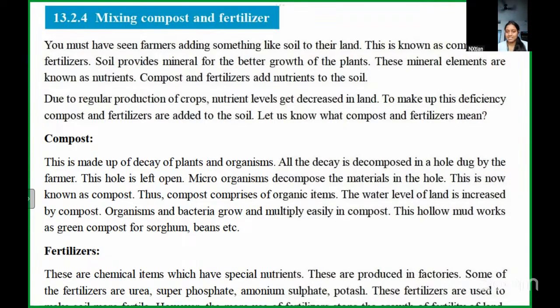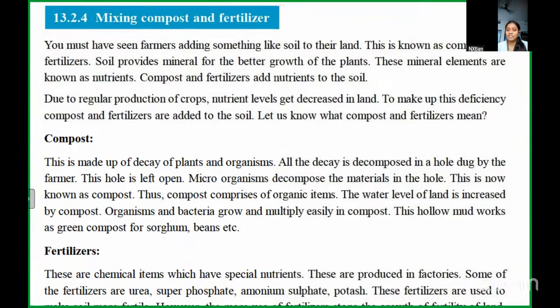Fertility of soil: what does that mean? Fertility of soil means how well the soil can grow plants. Fertile means nutrient rich, full of nutrients. Fertile soil is soil full of nutrients that can grow plants well.